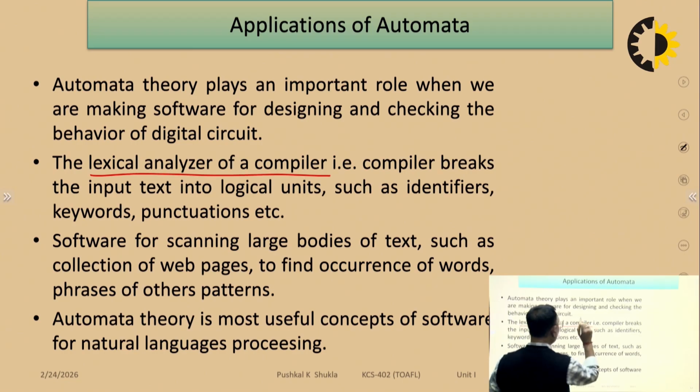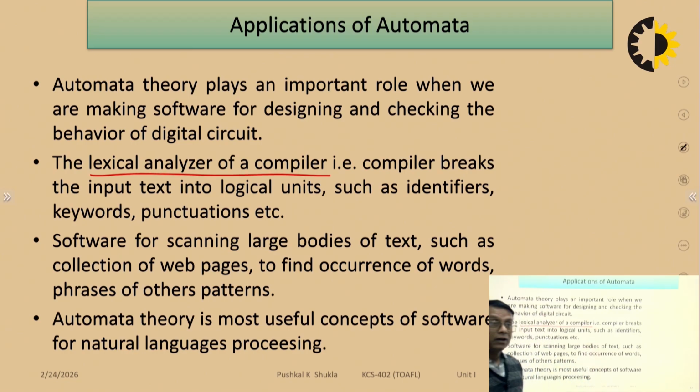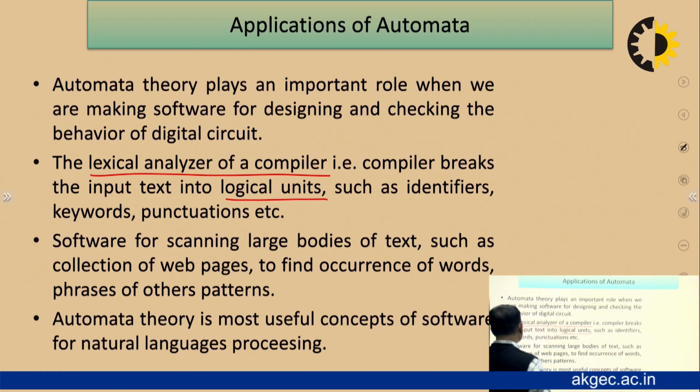This is the important lexical analysis phase of the compiler, where automata are used. The input text is broken down into logical units such as identifiers, keywords, and punctuation. So the compiler breaks it up in the lexical analysis phase.